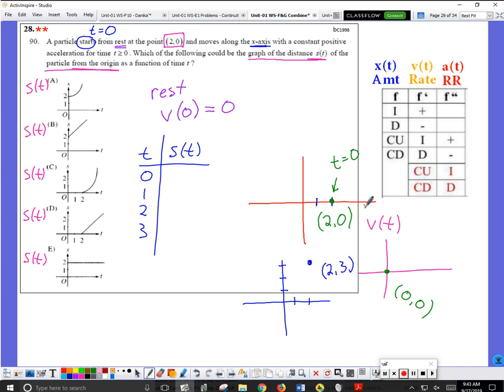Awesome. So raise your hand, please. Who is able to identify which of the, there's more than one, which of the following properly matches this whole idea that the particle is starting at 2, 0 on this other grid system? About half of you.